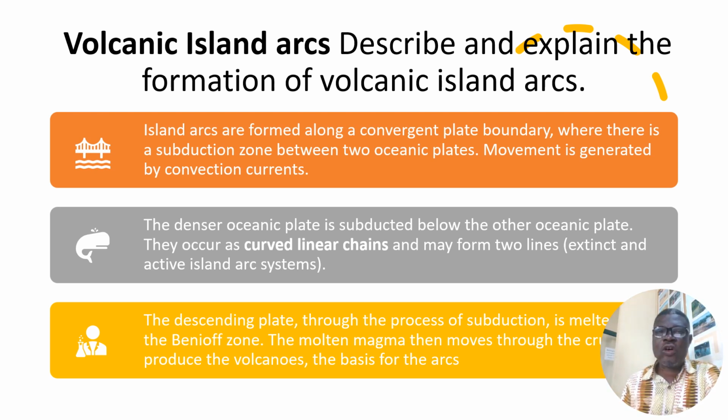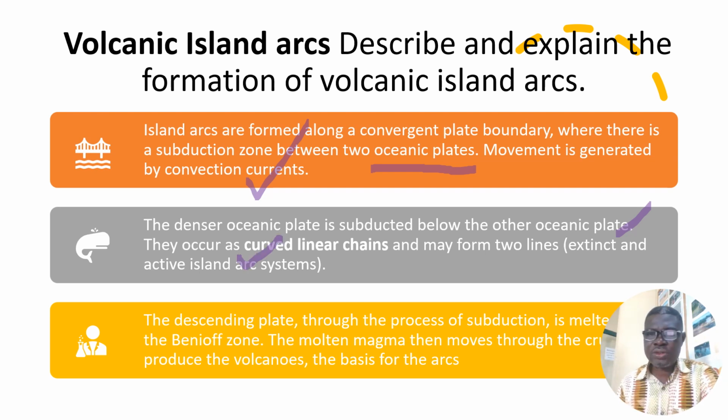So island arcs are formed along a convergent plate boundary where there is a subduction zone between two oceanic plates. Don't forget the movement being triggered by convective currents. We mark them. The denser oceanic plate is subducted below the other oceanic plate. We mark. And they occur in curved linear chains, chains of volcanoes that are formed from that.